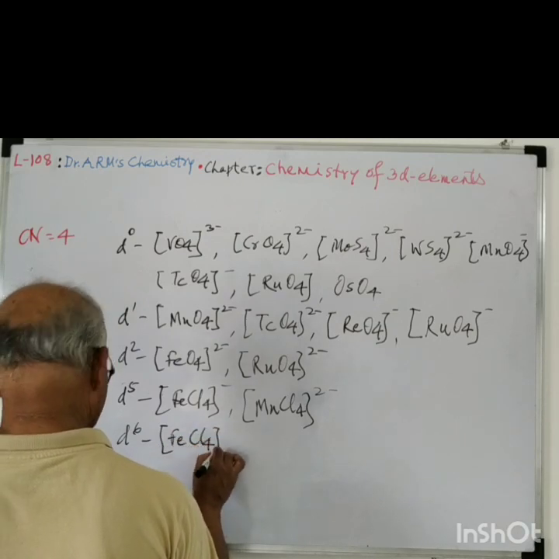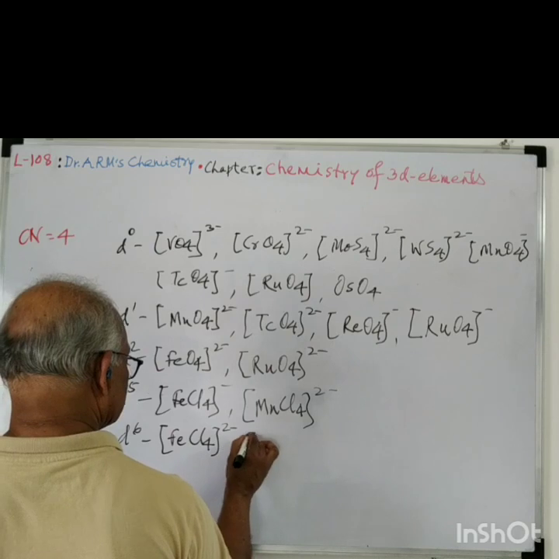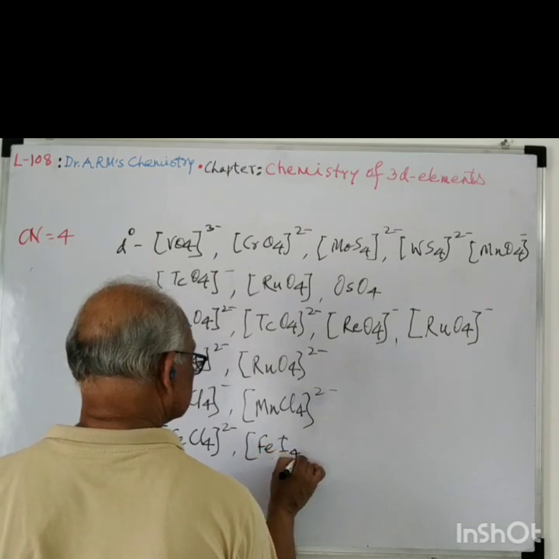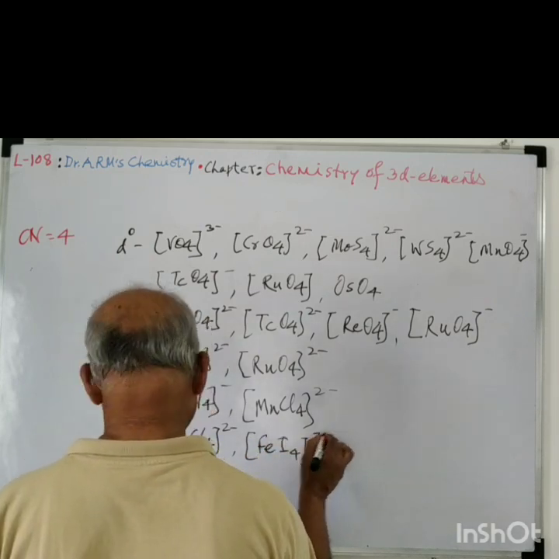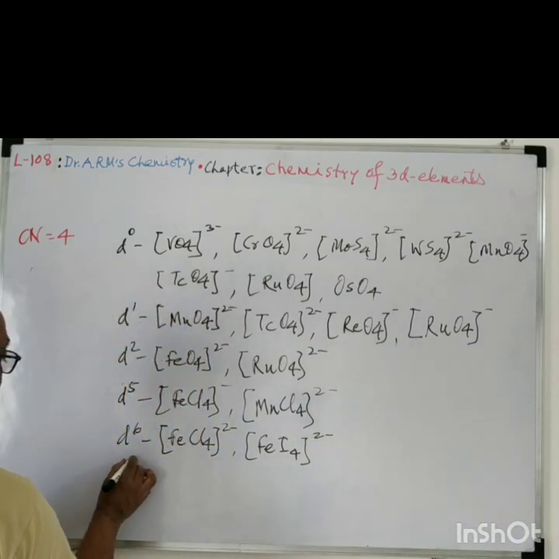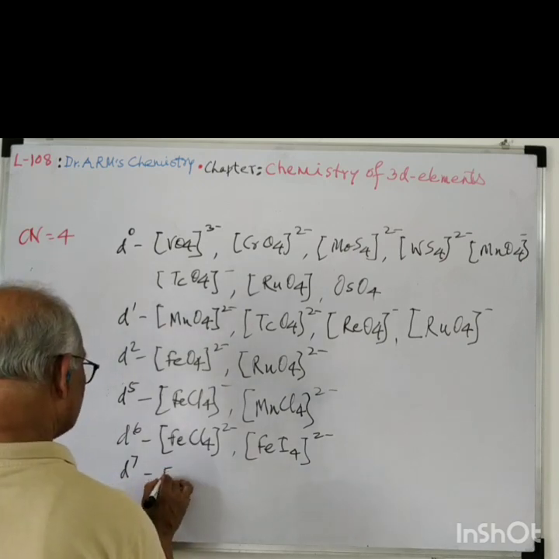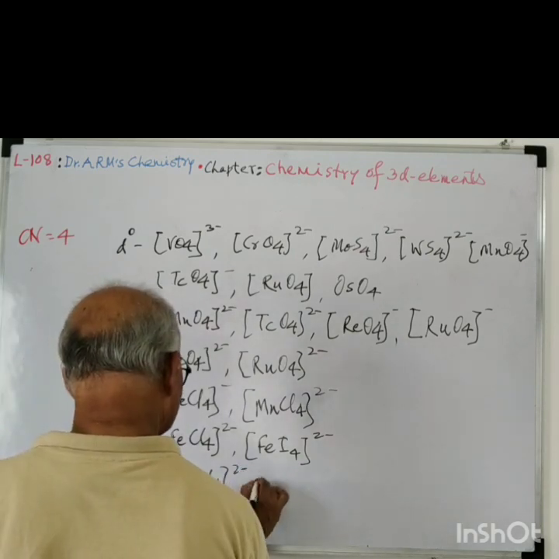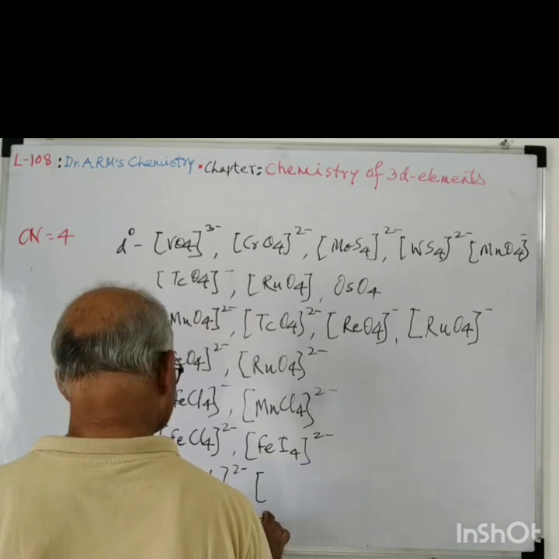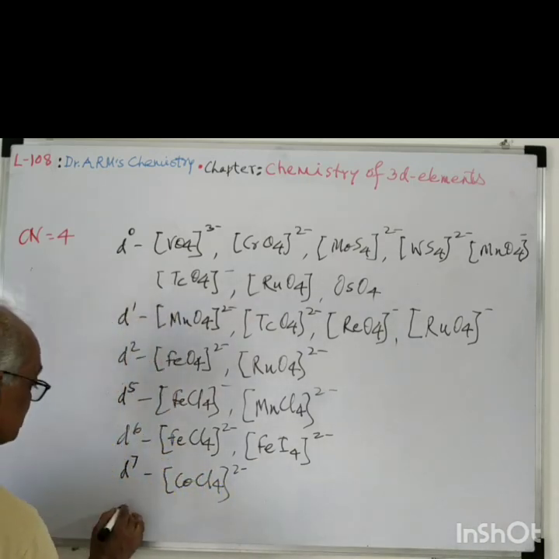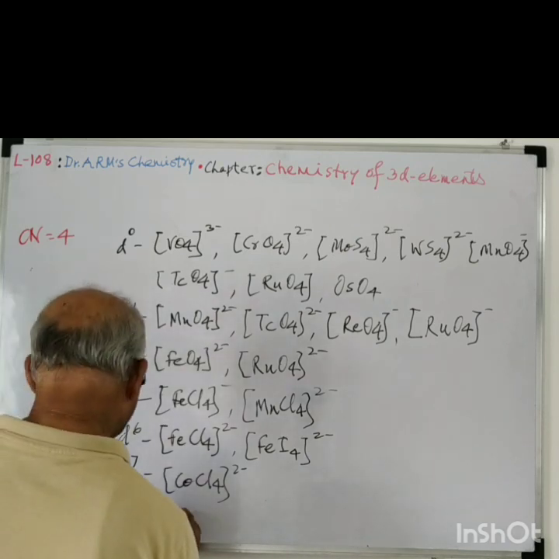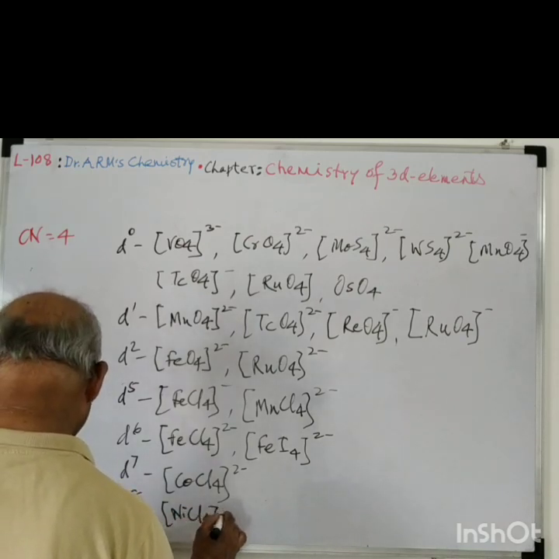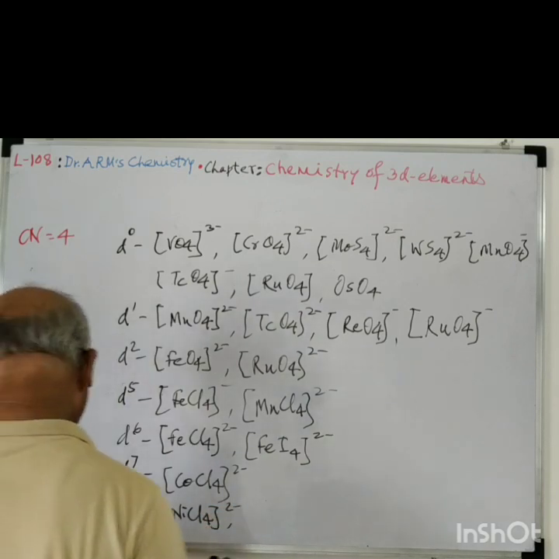FeCl4 2 minus, then FeI4 2 minus. Then d7 configuration: CoCl4 2 minus, there is only one. d8 configuration: NiCl4 2 minus, NiBr4 2 minus.